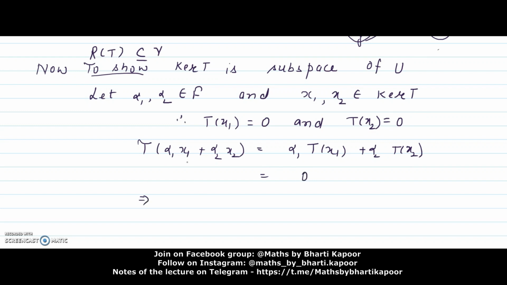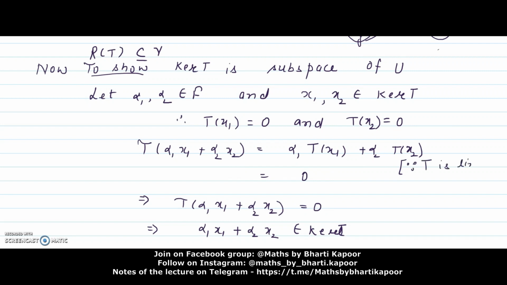This implies T image of alpha 1 x1 plus alpha 2 x2 equals 0. Now we can say that alpha 1 x1 plus alpha 2 x2 belongs to kernel T, because kernel T contains those elements whose T image is 0. The reason is that T is linear.